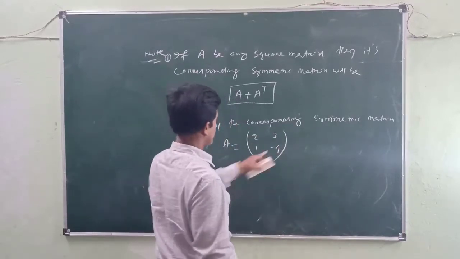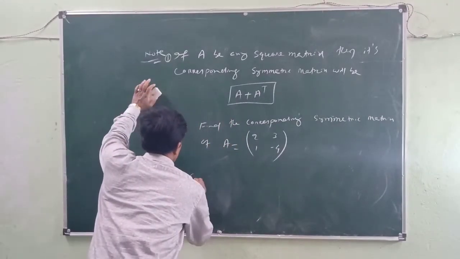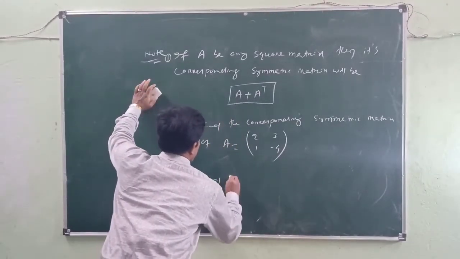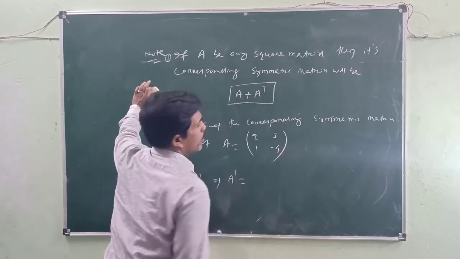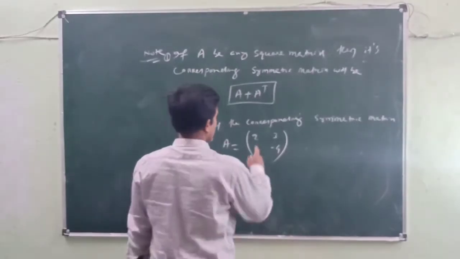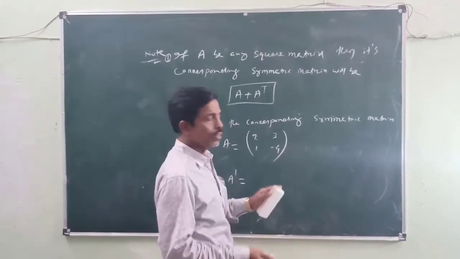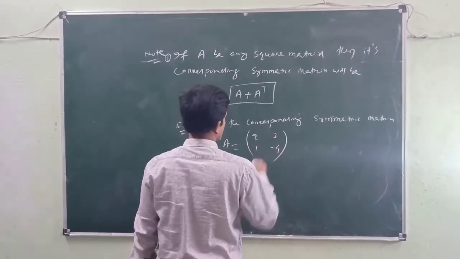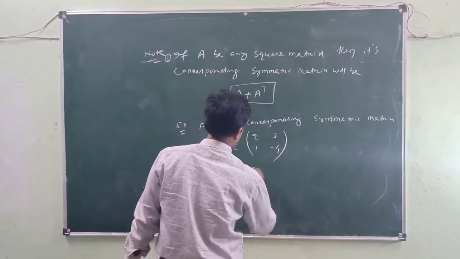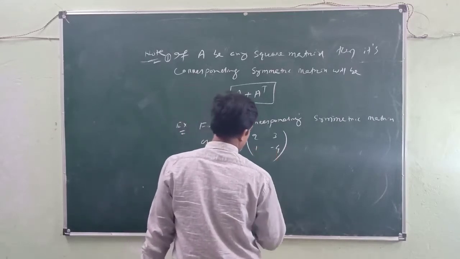Look, here it is a square matrix. In your solution, you find the transpose of A. That means you change your rows into corresponding columns. So here the first row is 2, 3, write it in the first column. And the second row is 1, minus 4, write it in the second column.